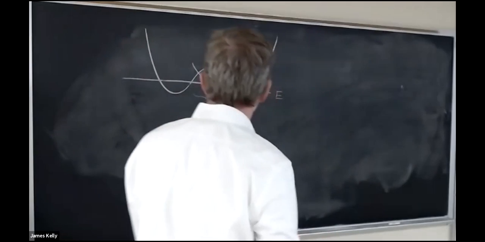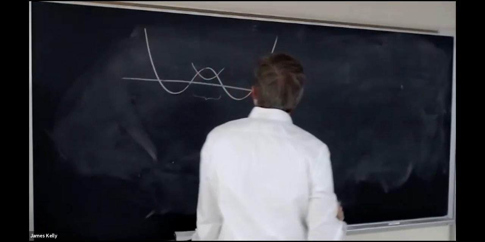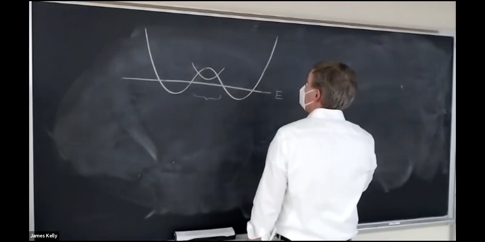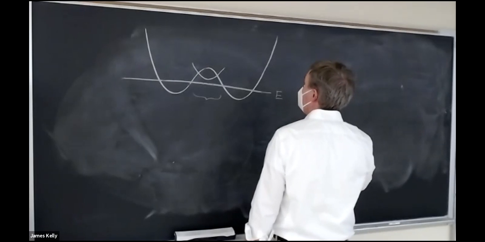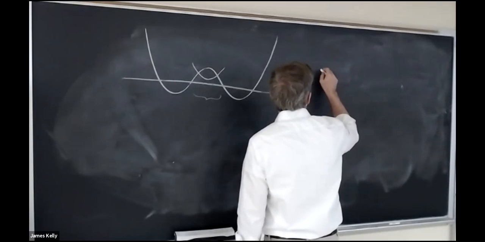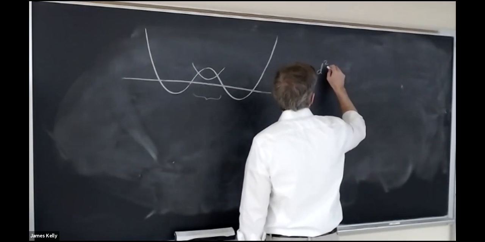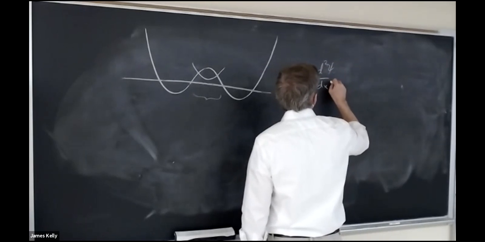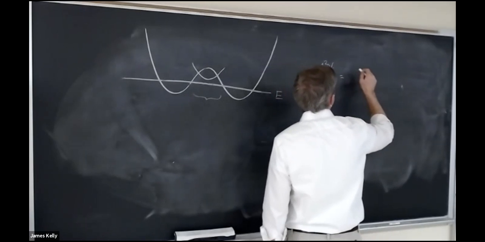Maybe it'll make more sense if we write down the time-independent Schrodinger equation. Let's write it in terms of the second derivative of psi with respect to x. Can I remember what goes on this side?